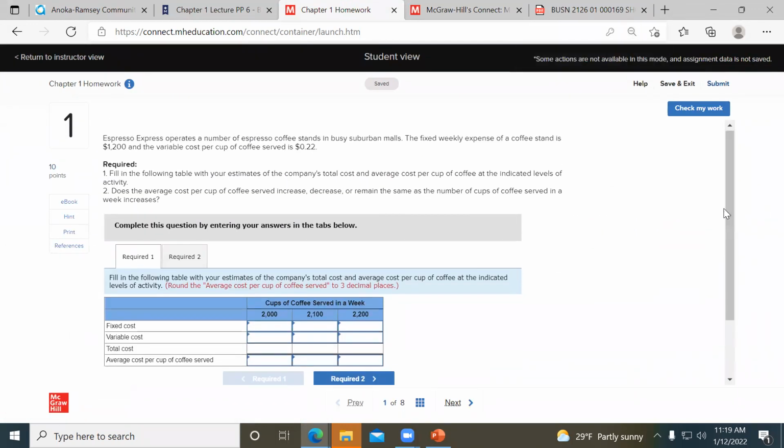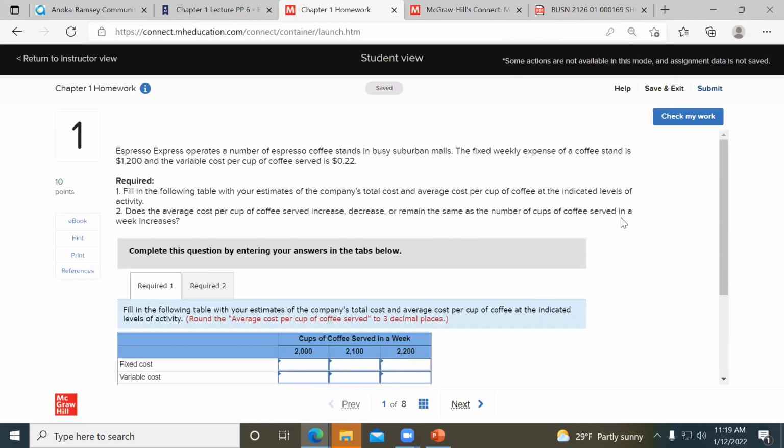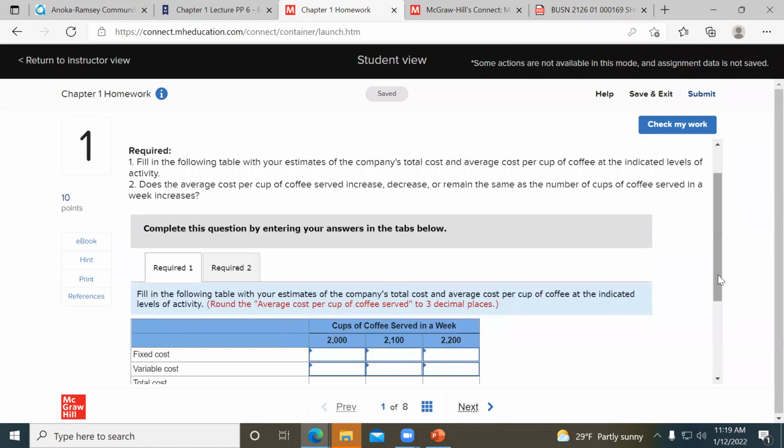Can you guys see that okay, even though I make it smaller? Or should I make it bigger? Can you see that better? Okay. We'll do this one and then I'll take a break in a minute.